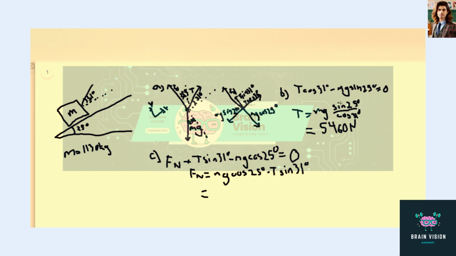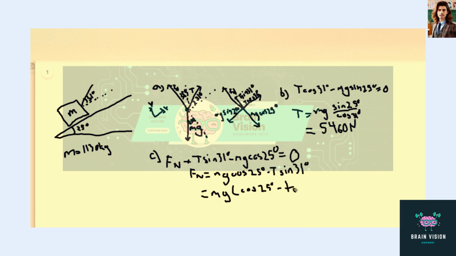There's an mg that would be in both of these terms once we substitute in T. So when I pull that out, we would get left inside the parentheses cosine of 25 degrees minus sine of 31 degrees divided by cosine of 31 degrees, so that is going to turn into a tangent.